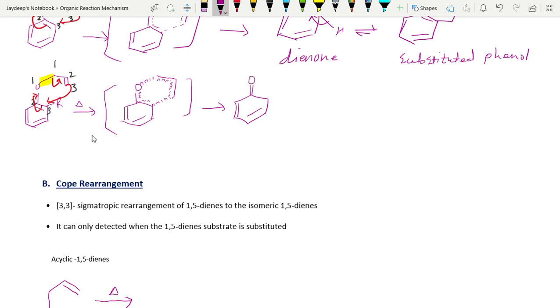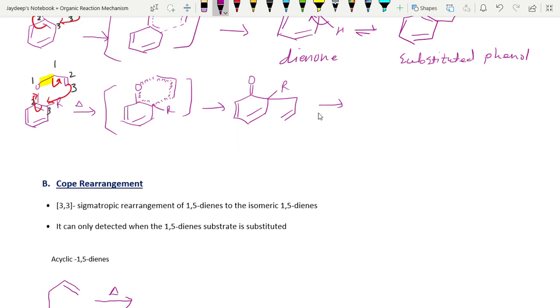Double bond O. Here the R group is there. So this type of intermediate we get. But due to the presence of this substituent, the product does not stop at this step.